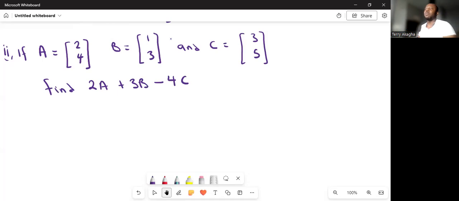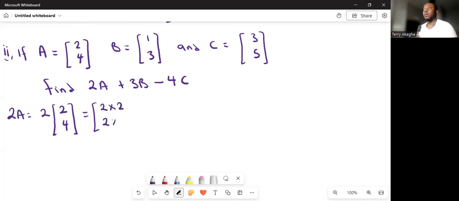Okay, so let's go. We'll first start with 2A. What is 2A? It's 2 into bracket, A is what? 2 and 4. That gives us 2 times 2 and 2 times 4. 2 times 2 gives us 4, and 2 times 4 gives us what? 8. Okay.